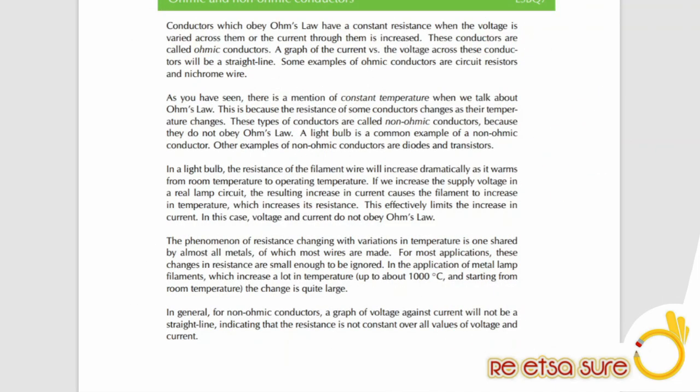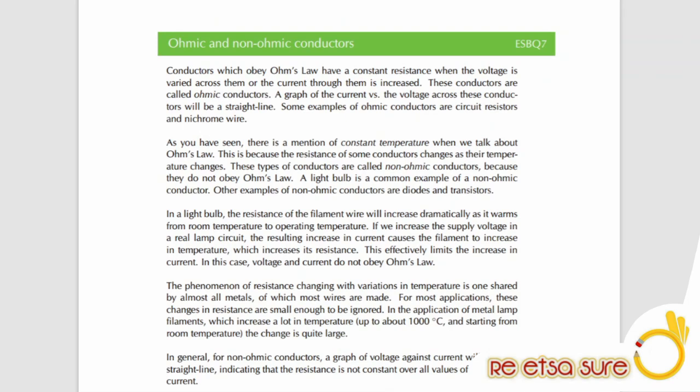My beautiful learners, one other thing is that we have two types of conductors. We have ohmic conductors. We also have non-ohmic conductors. When we talk about ohmic conductors, we are talking about the conductors that obey Ohm's law. We talk about the conductors that keep the temperature constant.